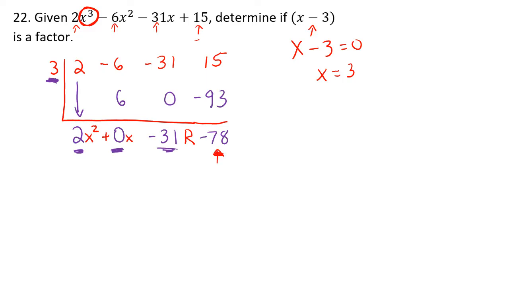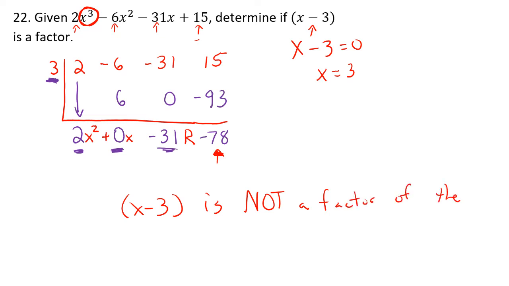Since it isn't 0, that means that x minus 3 is not a factor of the polynomial. If you did get a 0 there for the remainder, then it would be a factor. Once again, problems 22 and 21 are doing the same thing, just using different methods. Choose whatever one is easiest for you to do.